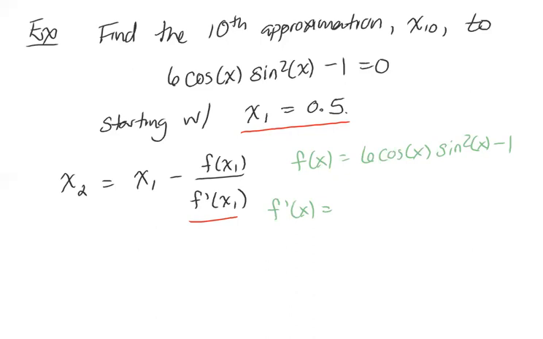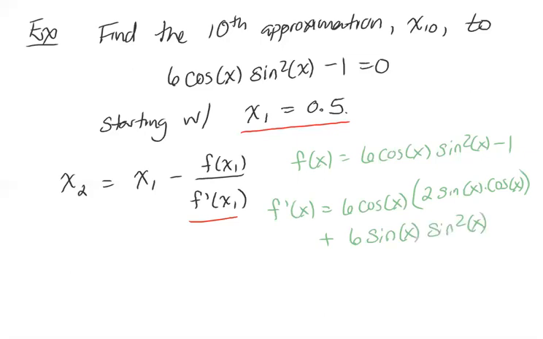So it is 6 times the cosine of x times the derivative of sine squared of x, which is 2 times sine of x times the derivative of sine, which is cosine of x, and then plus 6 times the derivative of cosine, which is sine of x, times sine squared of x. That's my product rule. And then minus the derivative of 1, which is 0.